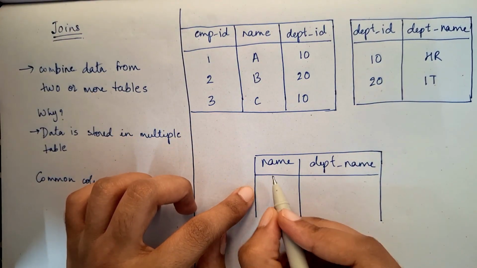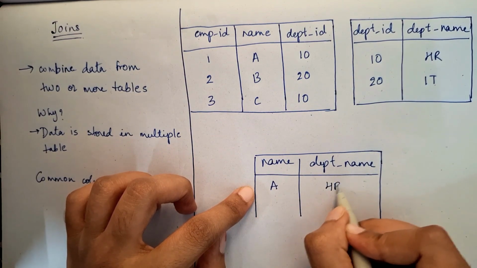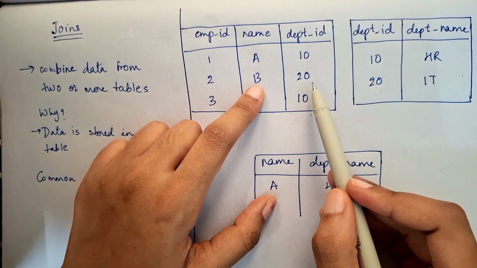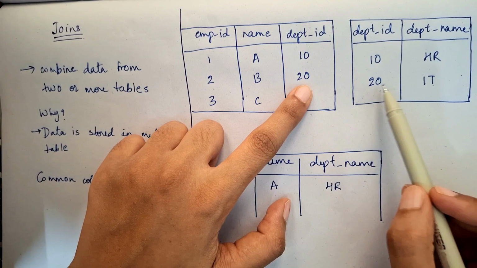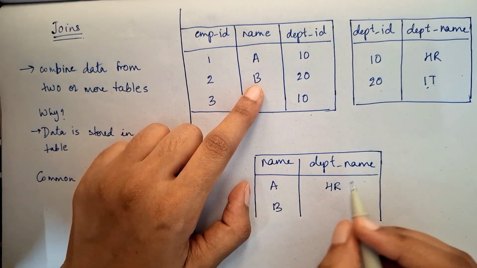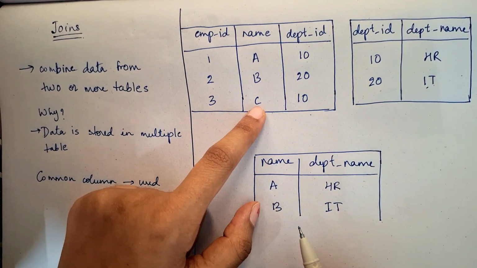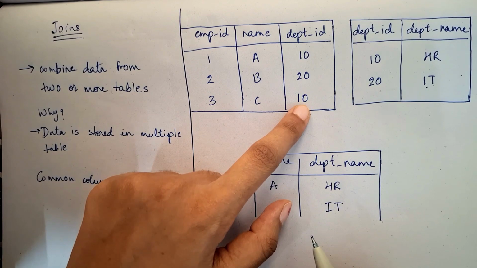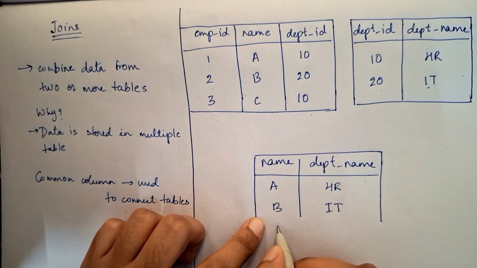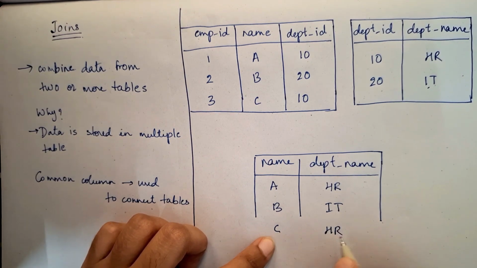So I write employee name A has department name HR. Now B's department ID is 20, and if I check in this table for 20, it's IT. So I write for B it's IT. Now for employee name C, department ID is 10 and for 10 it's HR. So employee C, his department name is HR.